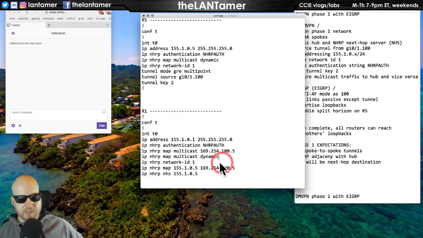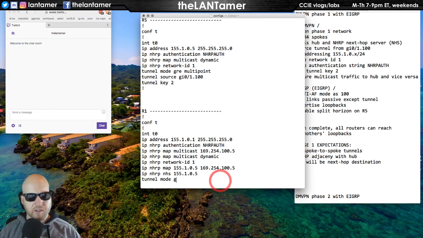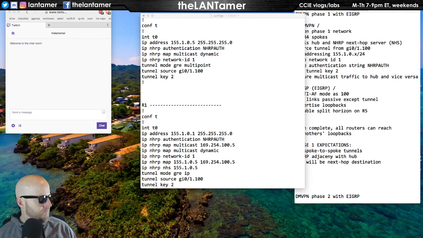So we need both of these. Okay. And then, of course, we have our tunnel mode GRE IP, and tunnel source Gi0/1/100. Tunnel key is 2. Very nice.